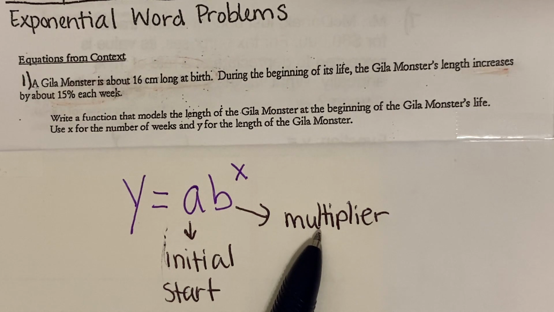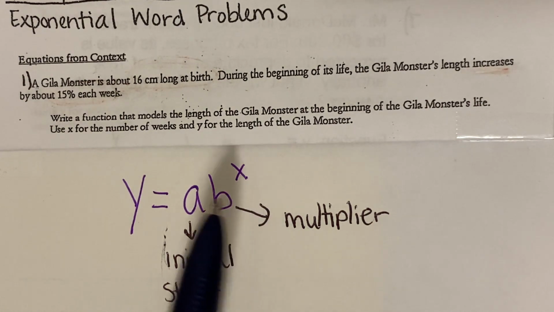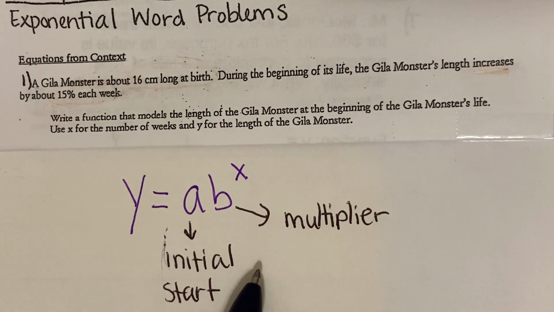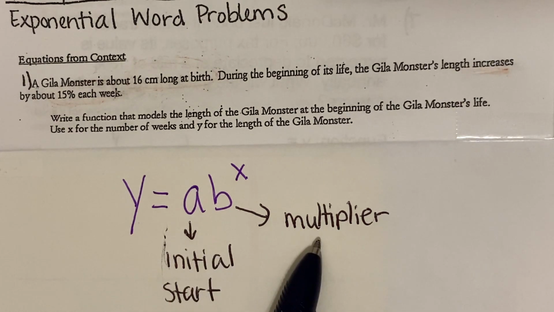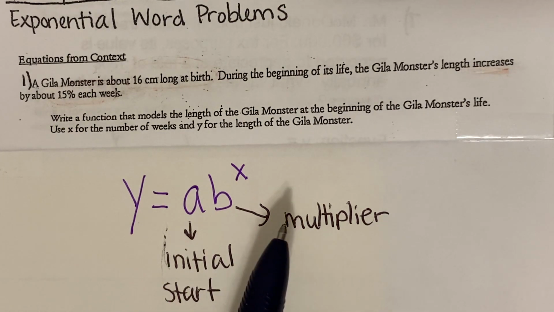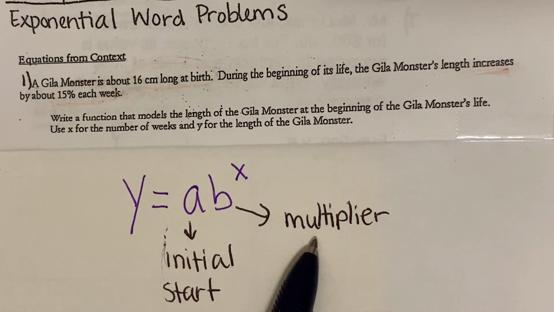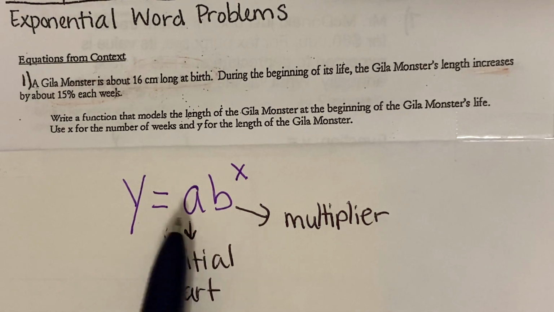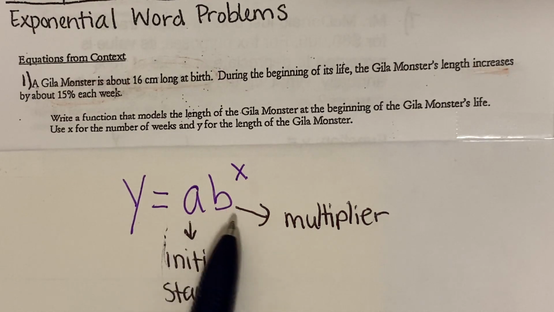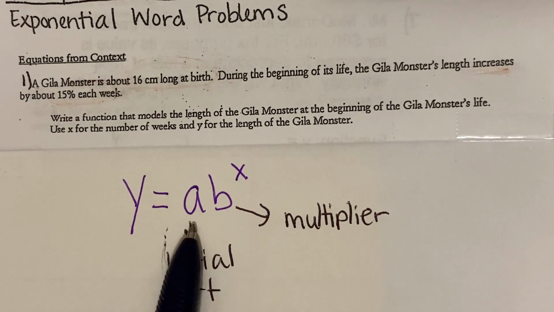And then the third thing, to help us with the multiplier, is our problem telling us that the multiplier should be making the initial increase or decrease? Is it going to multiply this and make it smaller, or is it going to multiply the initial value and make it even bigger? So that's what we're going to figure out as we're reading the word problem.